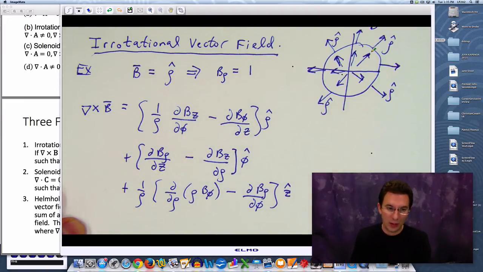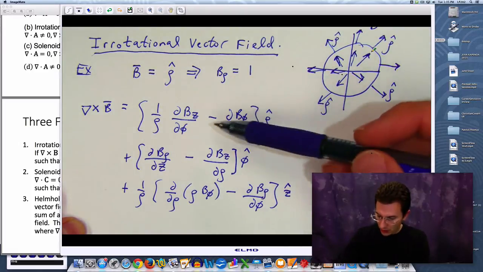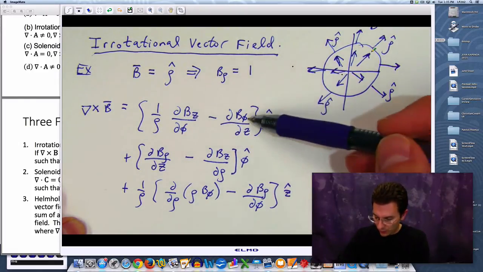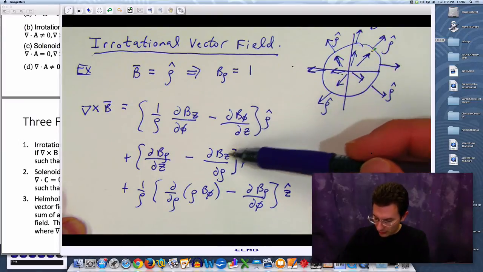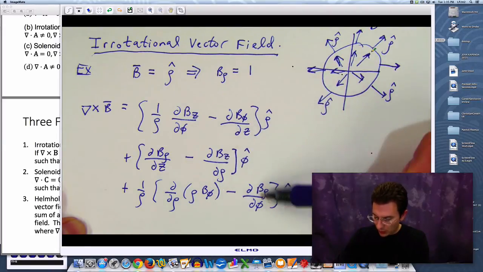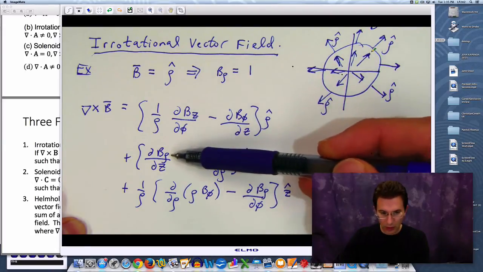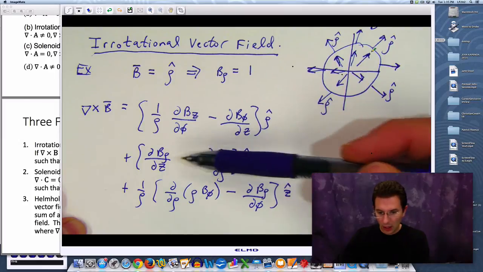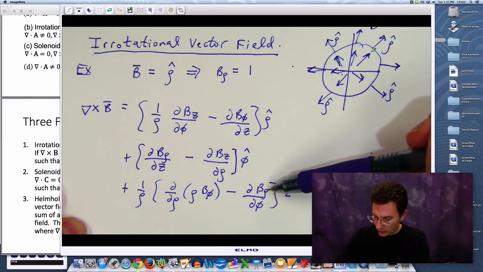So in this case, B sub rho is just equal to 1. If we look down in here, B z is 0, B phi is 0. The only two pieces here that are potentially non-zero are this one, because B rho is 1, and this one here, because B rho is 1.